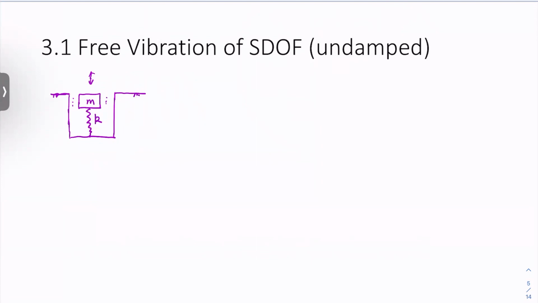Say the mass is at a neutral position right over here. If you push this mass down, for an inch, what is your best engineering judgment of the movement of this mass over time?